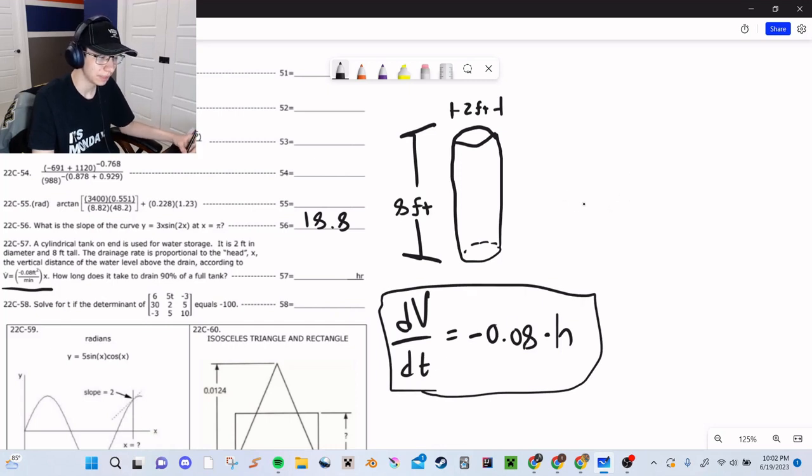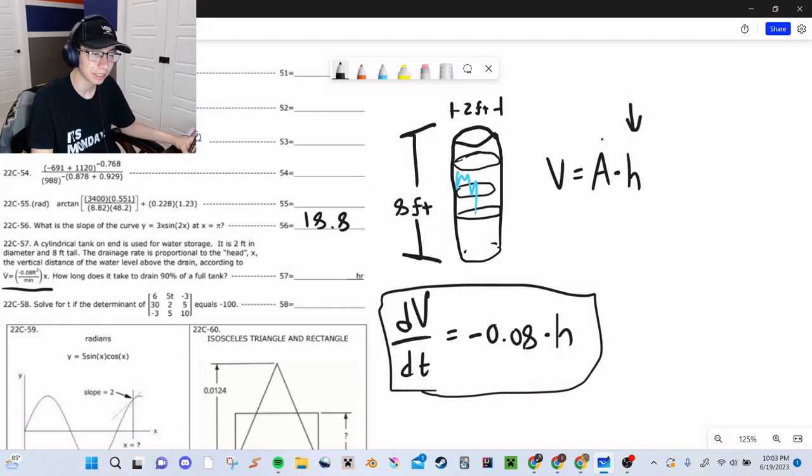Another expression for dV/dt that I can derive: let me think about how this is changing. Over time, the water level is going to decrease, so really only the height is changing. The area is going to stay constant, and the height changes with time.